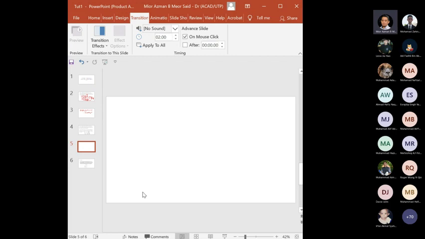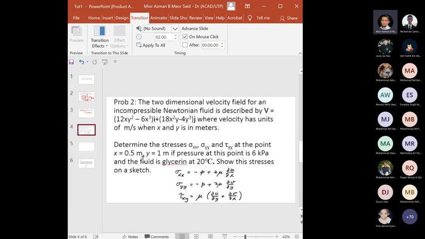Okay, so we have to solve the normal stress and the shear stress at a specific point, 0.5 and 1 meter. So that means we have to use this formula here, applying this equation.